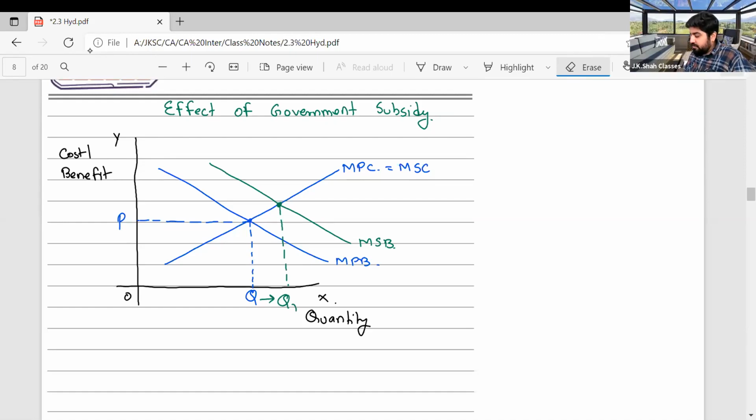Let me know once you have completed. You can write the note in your own words below that the government will be providing subsidy so that you remember whenever you are studying.